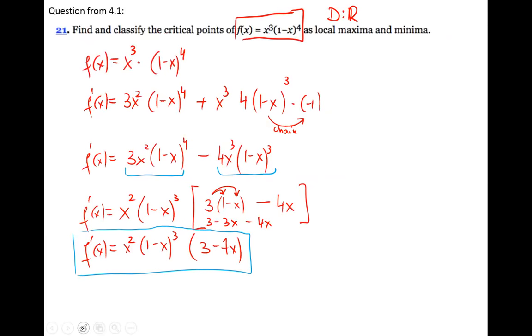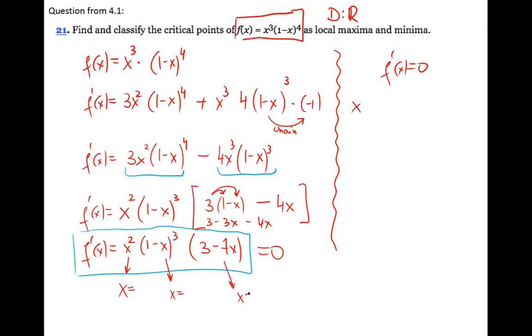Okay, and who can tell me the critical points? Because the derivative is 0 if this is 0, right? What critical points do we have from here and from here? Do you think you can tell me?